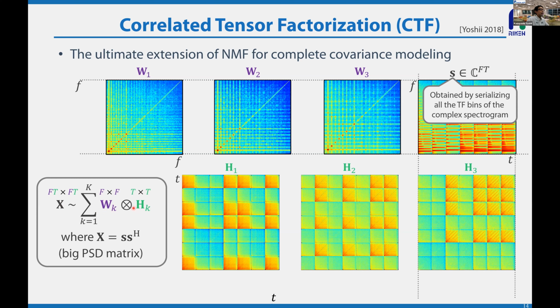These transforms are performed independently for individual frequency bins. Using these three kinds of transform matrices, we can get a new representation of the observed data.